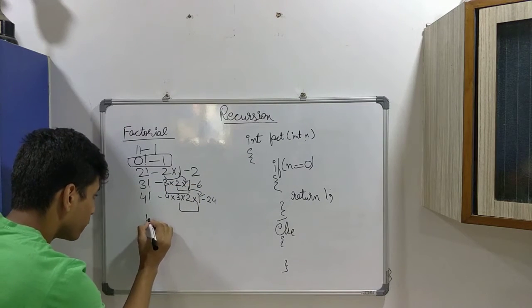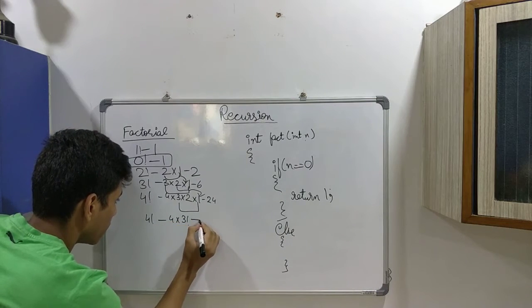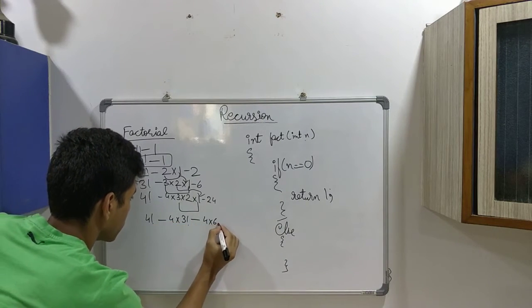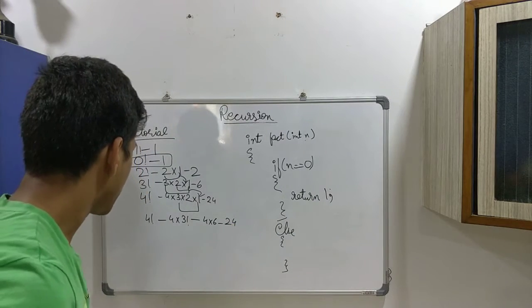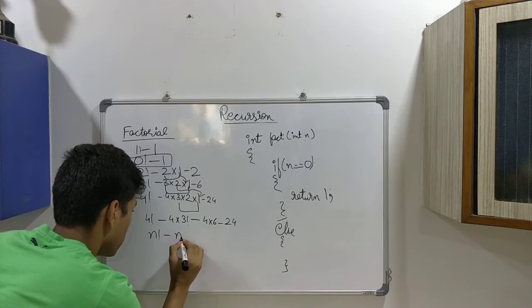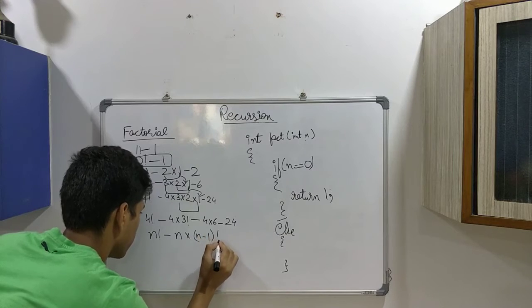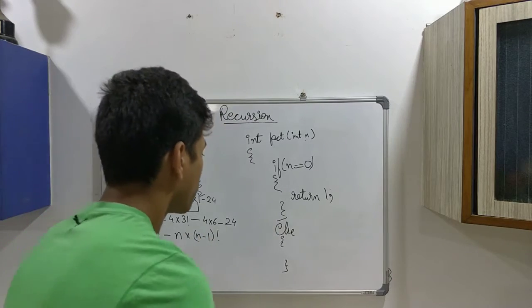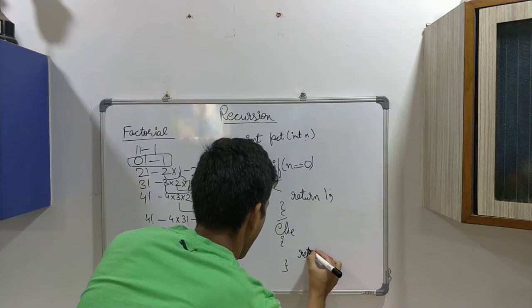So we can say that 4 factorial is equal to 4 into 3 factorial, which is 4 into 6, which is 24. So using this method we can directly write n factorial for any given number as n into n minus 1 factorial.